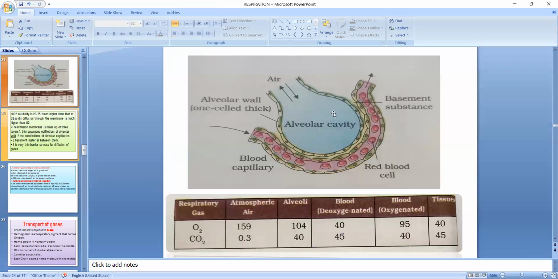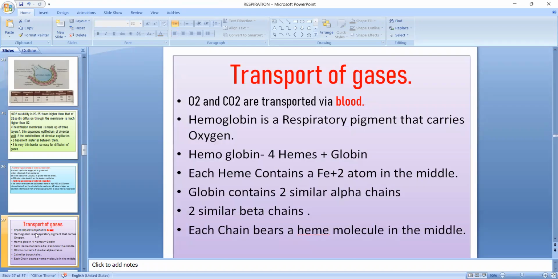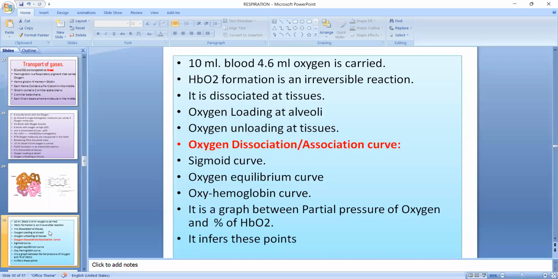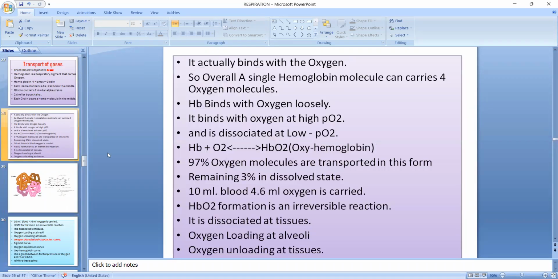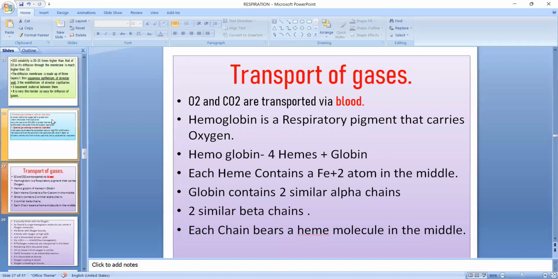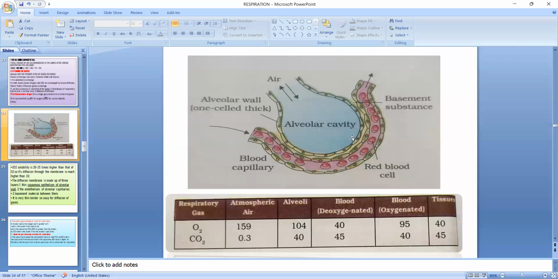Yesterday we discussed this. This is the terminal part of the lungs, with nearly 700 million alveoli present.